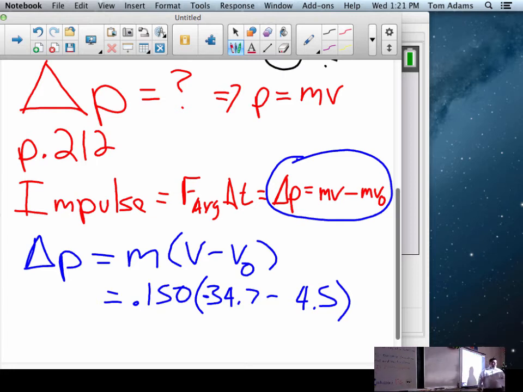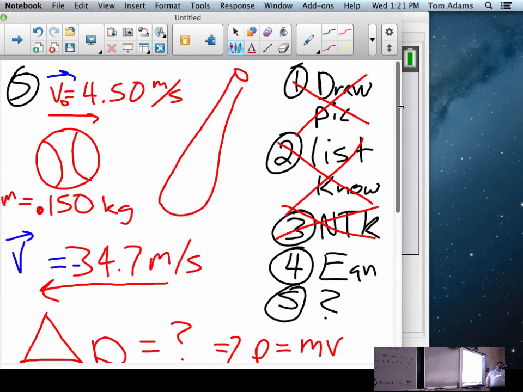Okay, actually, now thinking about it, if the baseball is coming towards you, it's going backwards and then you're hitting it forwards. So maybe the 4.5 should be the negative one, and then you add the opposite and it's adding it. So she's thinking of our motion sensor, right? If it's coming towards you, it's negative.